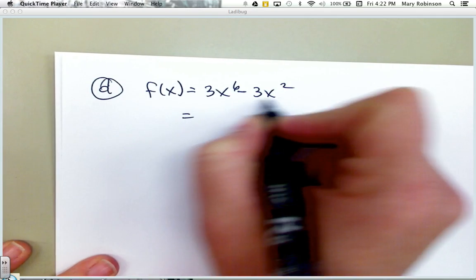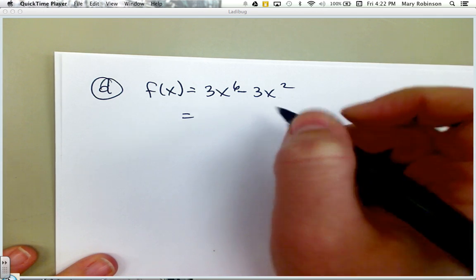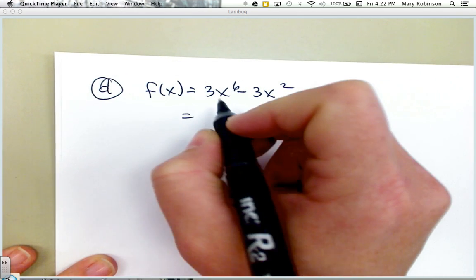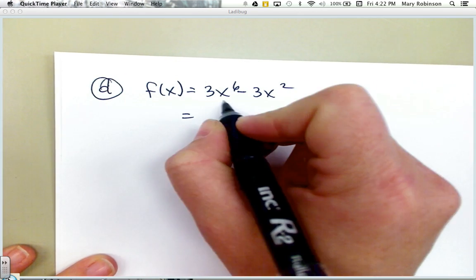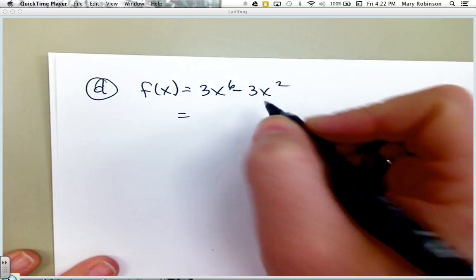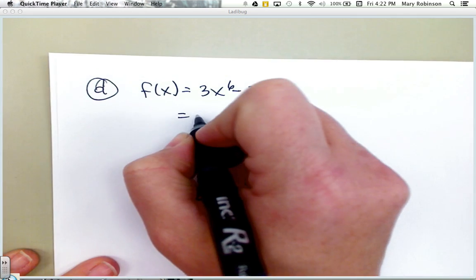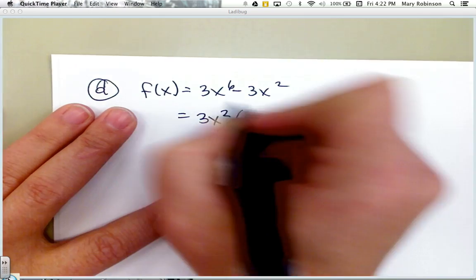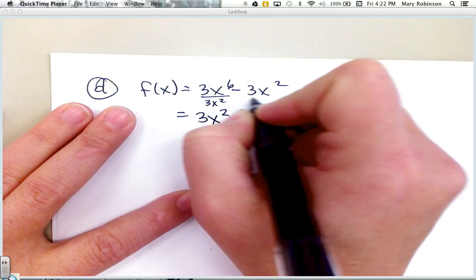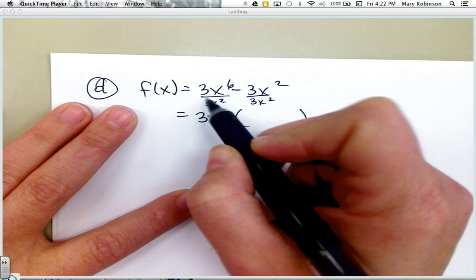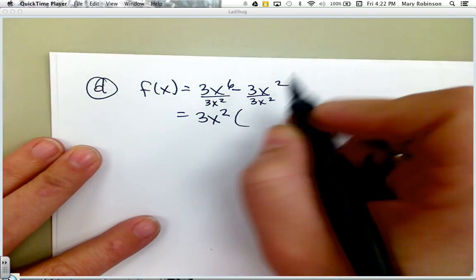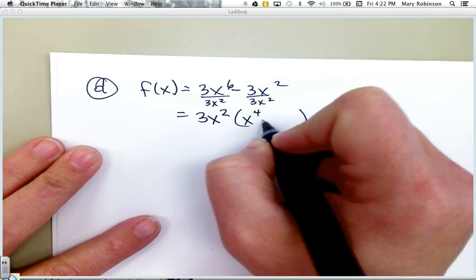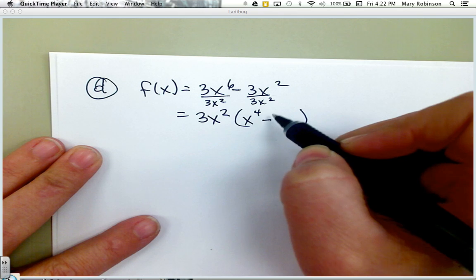When you look at it, hopefully you notice some common factors among these terms. They're actually both divisible by 3, and they both have at least 2 x's, so we can factor out 3x squared. Now, remember that what you get when you factor out comes from dividing both terms by 3x squared. So 3x to the 6 divided by 3x squared is going to give us x to the 4th power. Keeping our minus here.